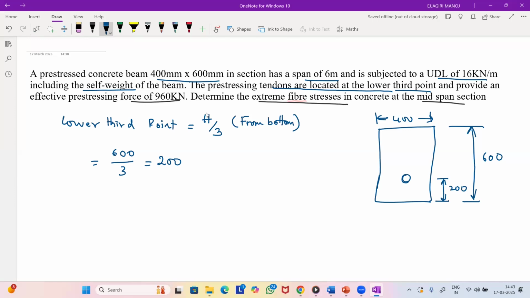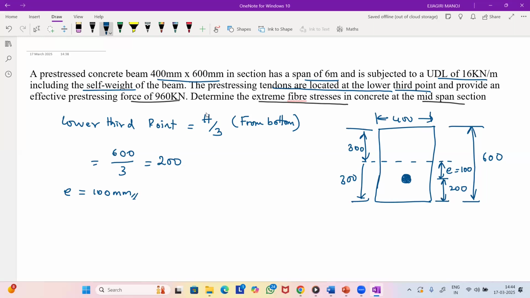So the tendon is located here. Okay. And the center we know it is 300. So if you subtract 200 from 300, the eccentricity of tendon will be 100. Okay. So now we got the eccentricity of the tendon, e is equal to 100 mm.